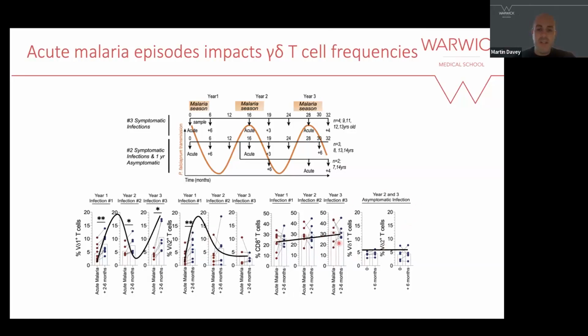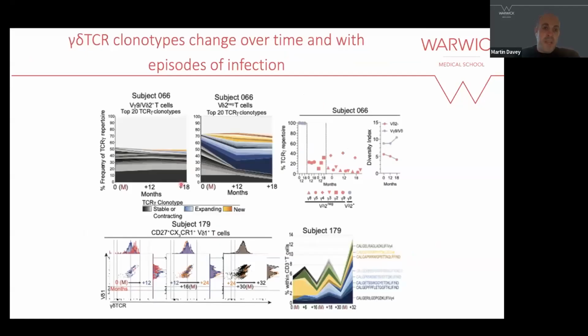And interestingly, when we looked at asymptomatic time points, where these individuals were infected but didn't have symptoms, neither the V delta 1s nor the V delta 2s showed any responses at baseline and 6 months later. So that was quite interesting.